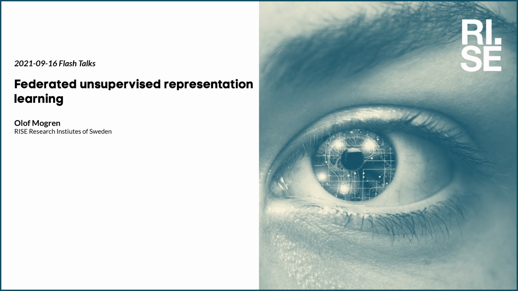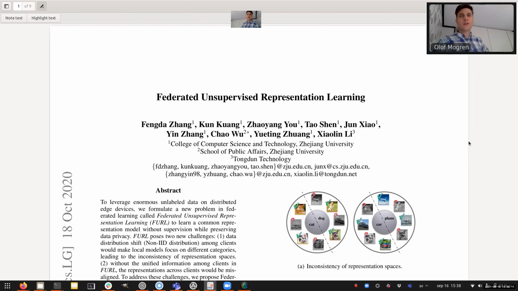Okay. Thank you, Ebba. So I got a bit envious of everyone reading federated learning papers, so I also took a federated learning paper. I picked this mostly because I think the combination of federated learning and unsupervised learning is an interesting intersection, both for some challenges that are there and also for the naturalness of the application.